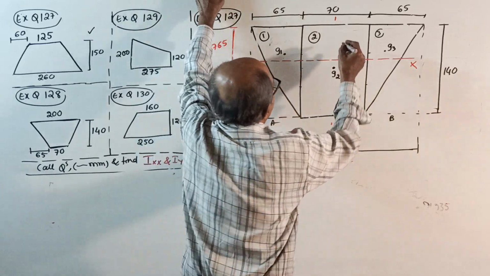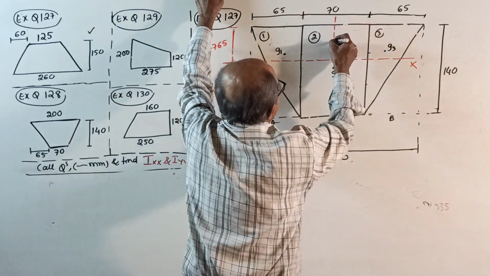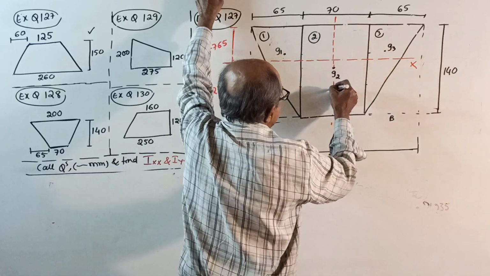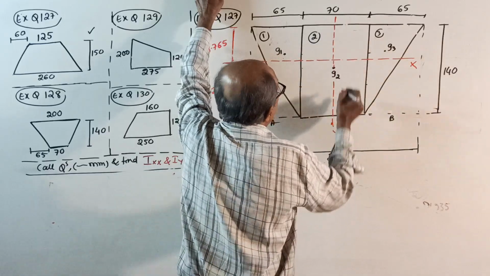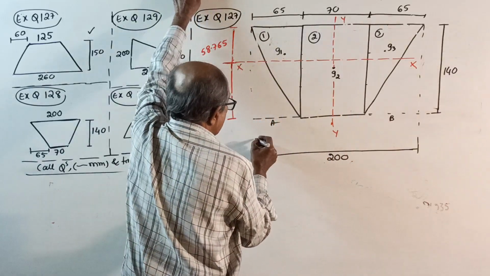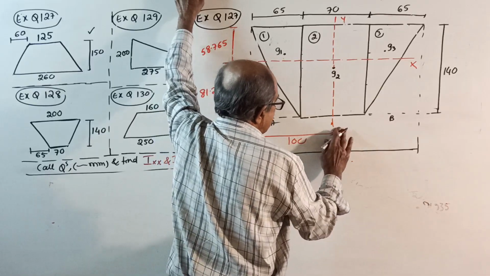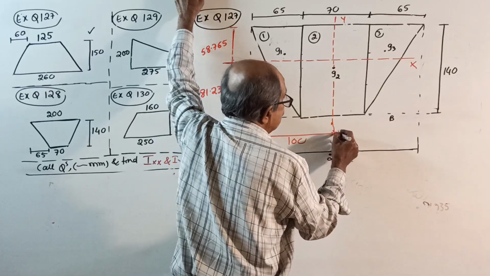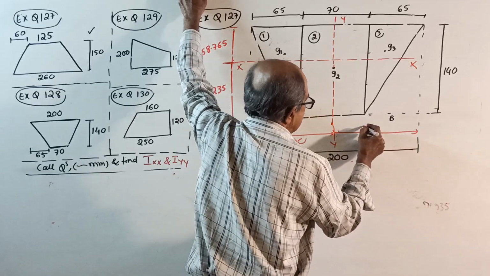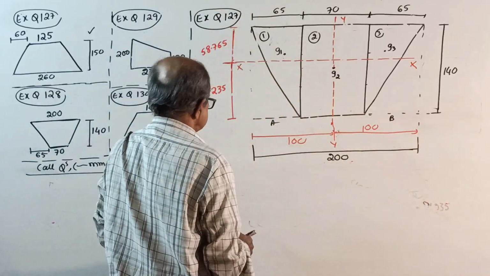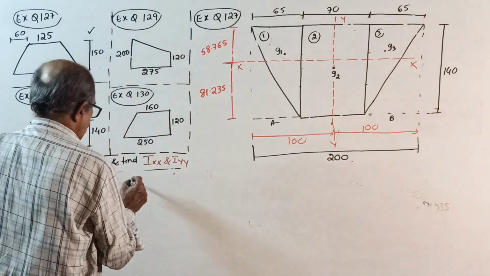Okay. YY is directly here. See, through symmetry. Don't locate YY by calculation. If this is 200, this will be 100, this also is 100. Start. Now, first I about XX.